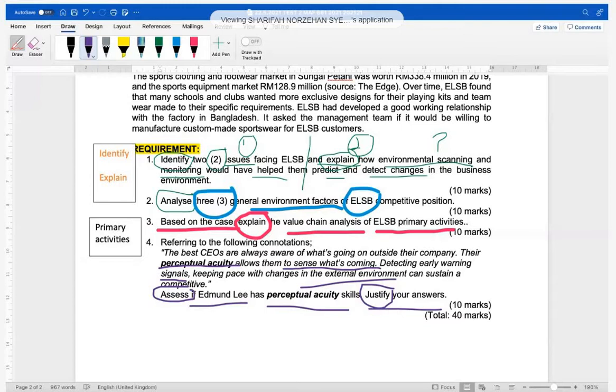Apa maksud assess? Evaluate. Then if they ask you to evaluate, then what you're supposed to be doing?